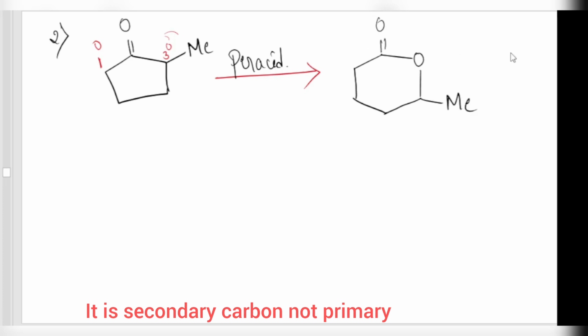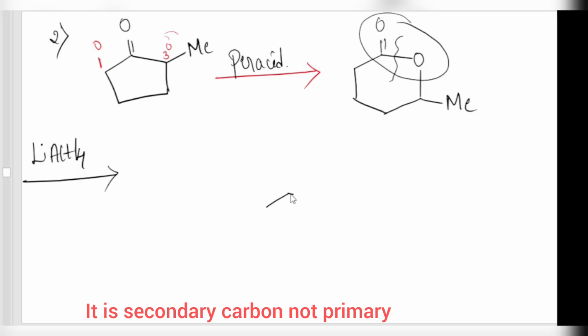Now to this one, if I want to add lithium aluminum hydride, what product will I get? Lithium aluminum hydride is a reducing agent which will reduce this ester to an alcohol, correct? This bond will break over here. This particular group is converted into OH, as well as this one also as OH.